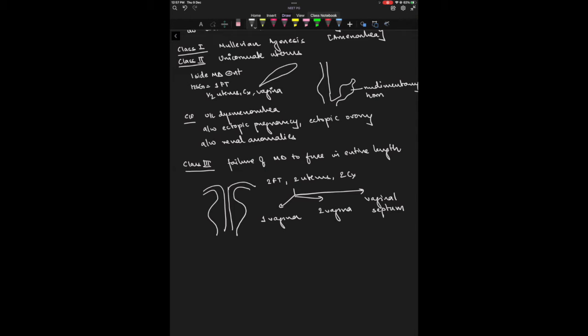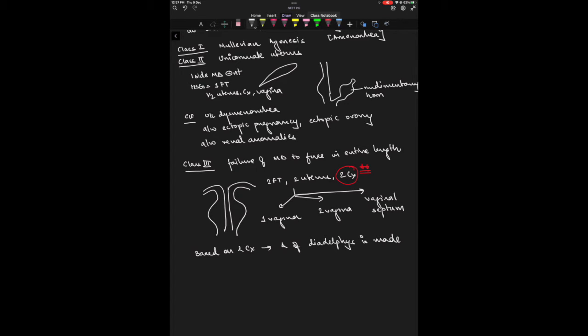Based upon the vagina, we do not call it a didelphys uterus. It is diagnosed on the basis of the cervix, and this is called didelphys uterine malformation. Very important point.